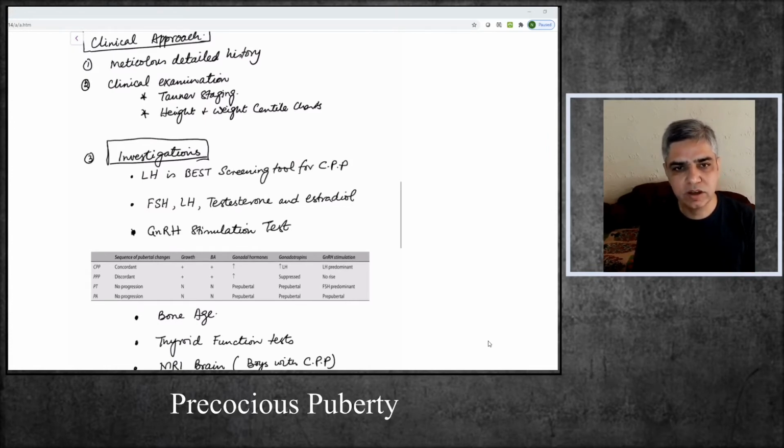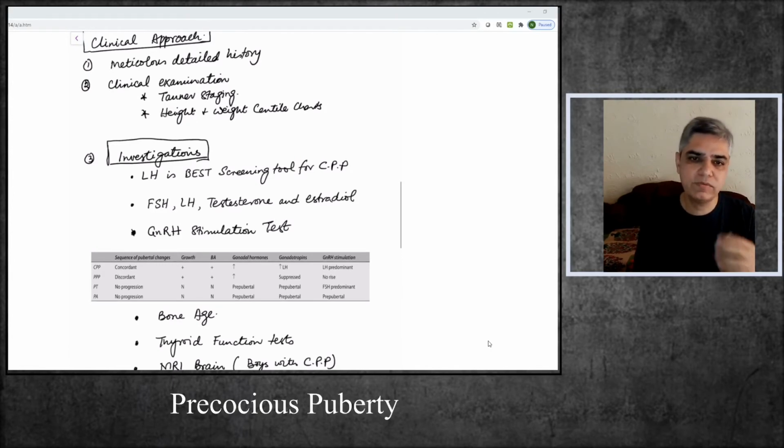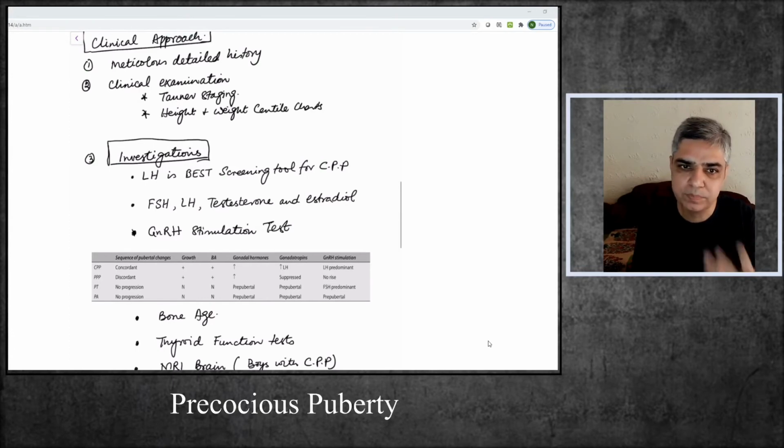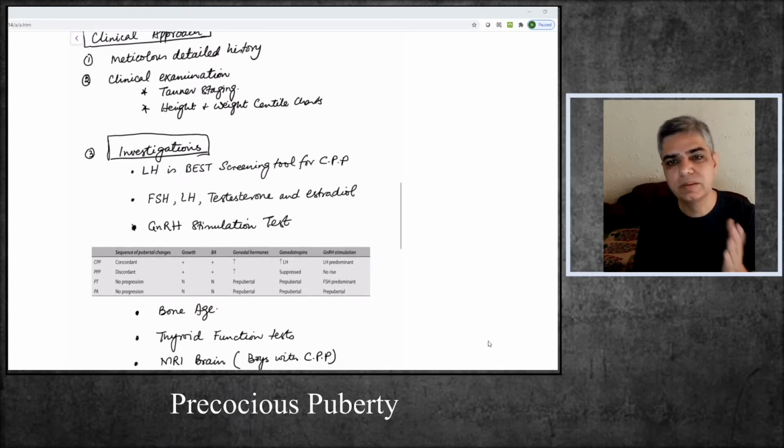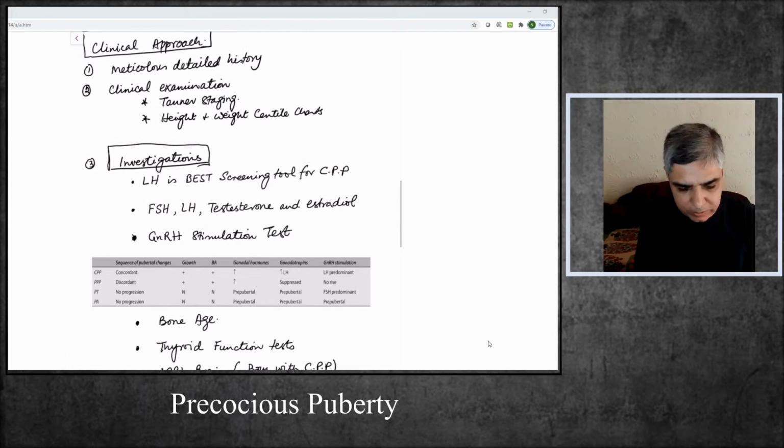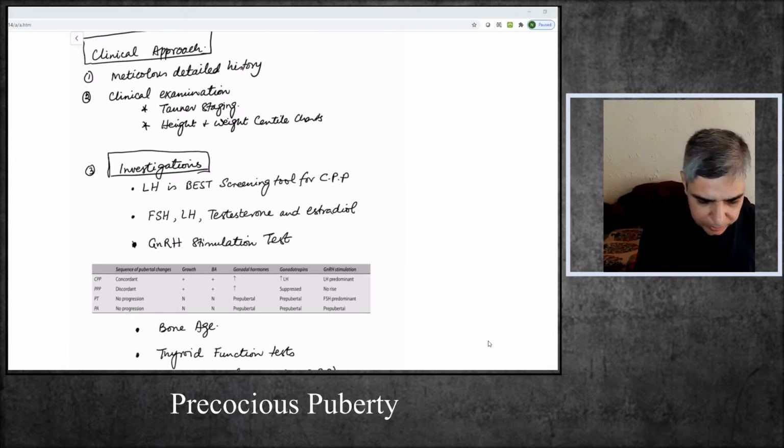Luteinizing hormone is the best screening tool for central precocious puberty. So if the features are that of central precocious puberty, then your answer should be luteinizing hormone as the best screening tool. You should always keep that in mind.